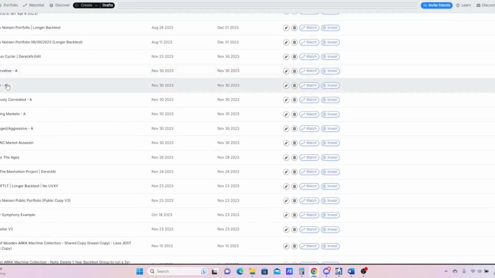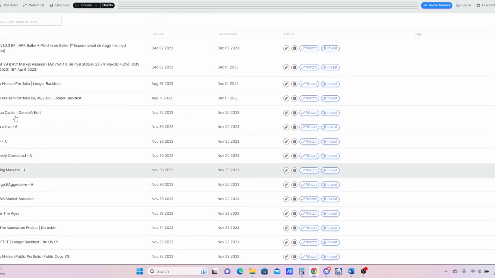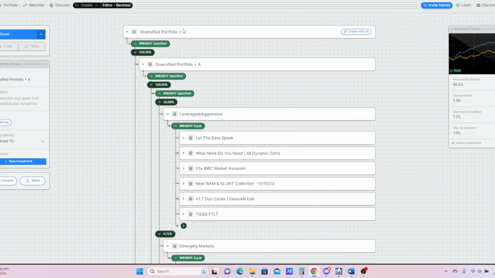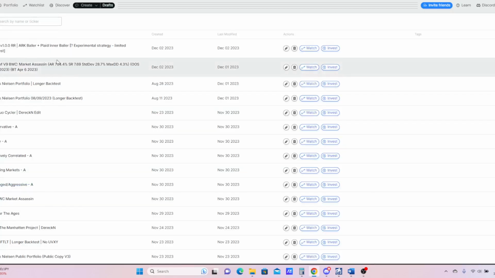And that's why I have, so you can see these individual symphonies, they're marked with the letter A. It's just so I know which master symphony that they belong to, which is why this one says equal A. So that's kind of how I identified them, so I know which individual symphonies belong to what master symphony.